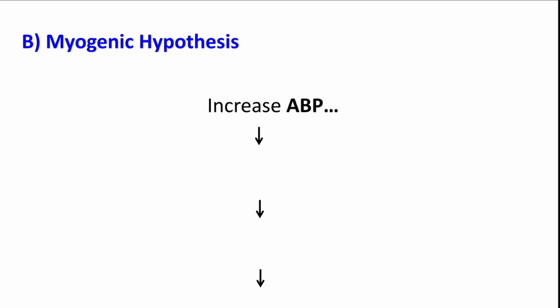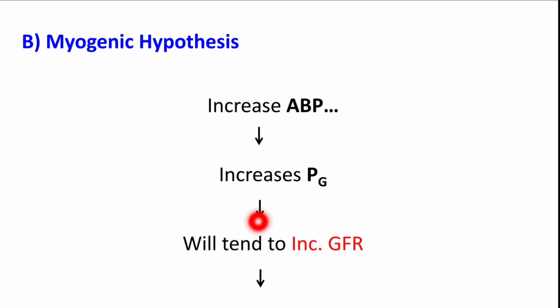Now suppose due to any reason arterial blood pressure has increased. Now due to this, the glomerular capillary hydrostatic pressure Pg will also increase, and due to increased Pg, the GFR will tend to rise. Okay, so blood pressure has increased, and due to increased blood pressure, GFR is also expected to increase.